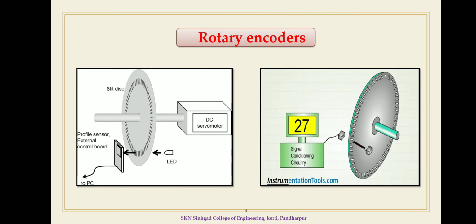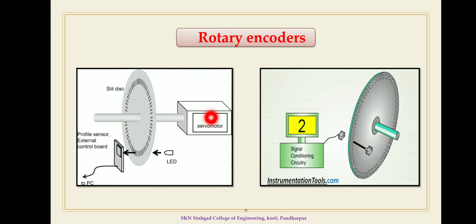Then the second type of sensor is the rotary encoder. So the figure shows a rotary encoder. The rotary encoder is a non-contact type sensor or non-contact device, and gives digital signals directly. So these are the different components of an industrial rotary encoder.